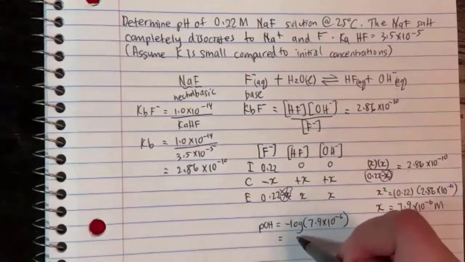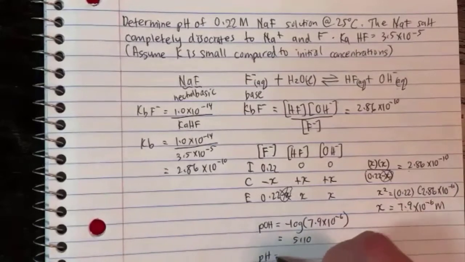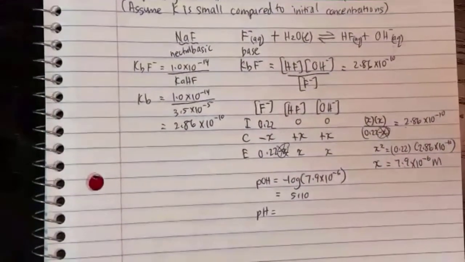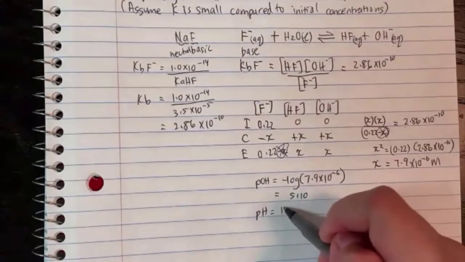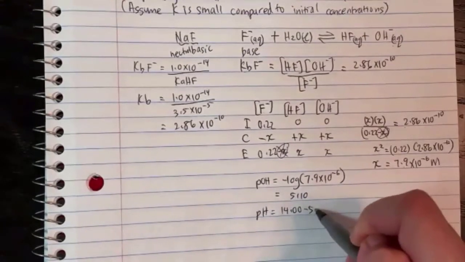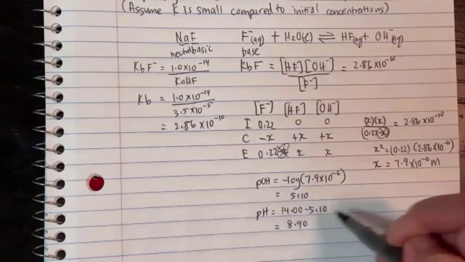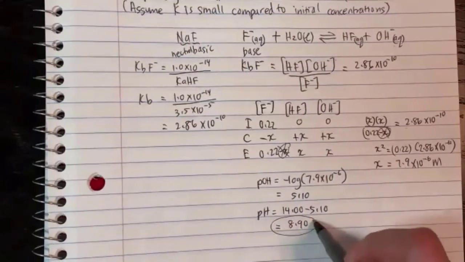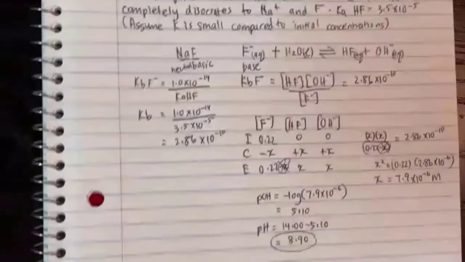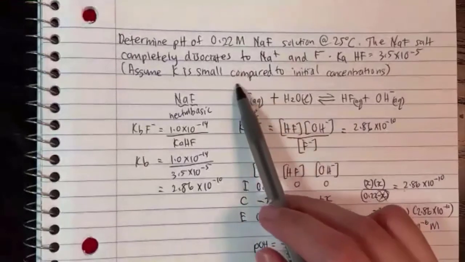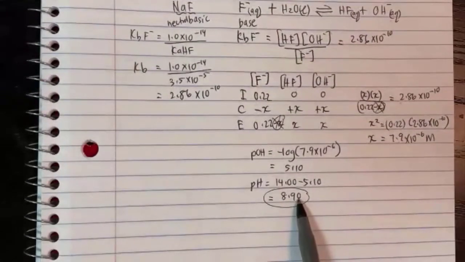So my pOH is 5.10. So my pH, remember, is going to be 14 minus that, because pH plus pOH will add up to 14. So 14 minus 5.1, I get my pH of 8.90. So definitely make sure you do 8.9. And then you have to remember, once you decide your ion is basic, you should expect to see a pH that's higher than 7.